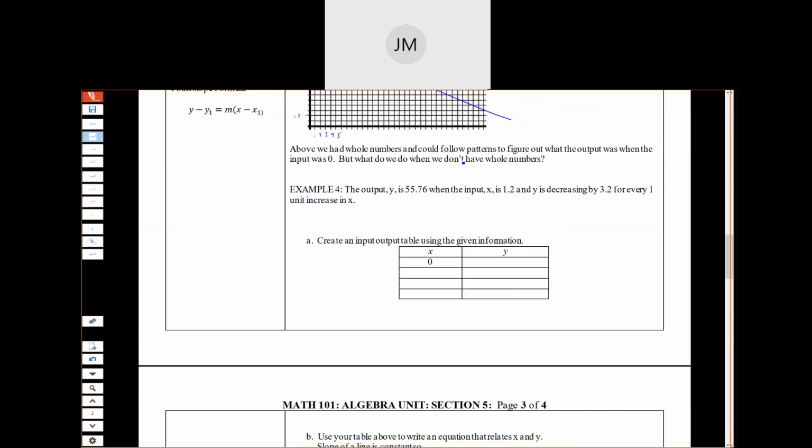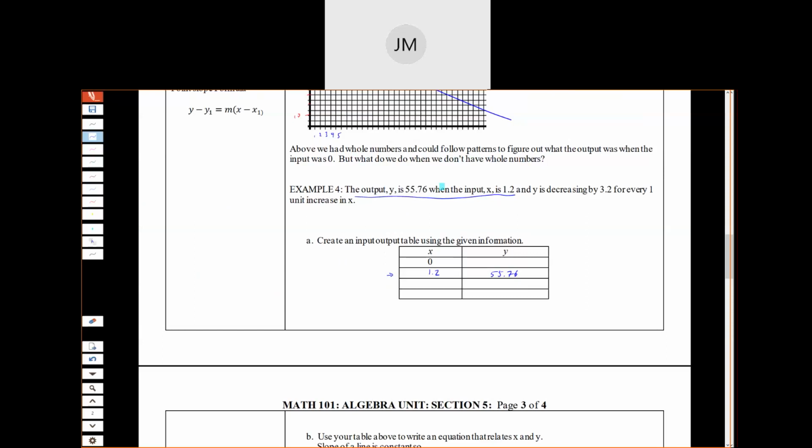So we're told the output y is 55.76 when the input x is 1.2. So I can write that my x is 1.2 and my y is 55.76. So this comes from this first part.